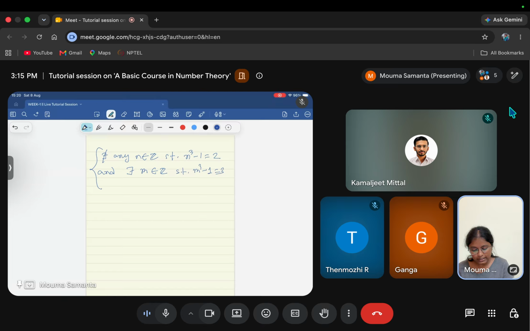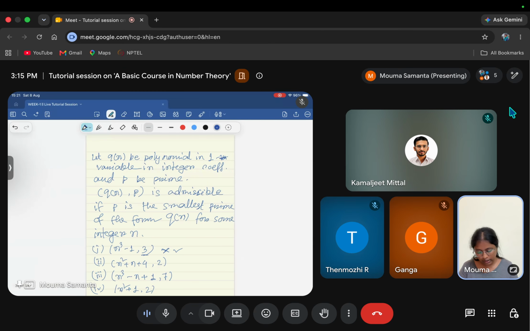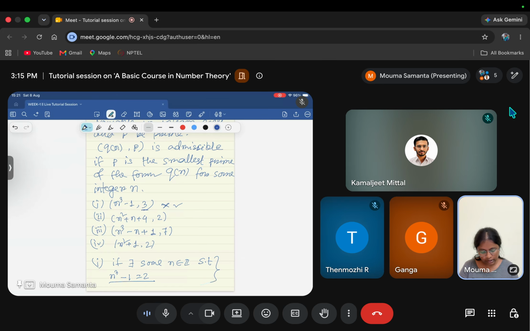So we have to check this to show that the pair is admissible, or we have to show the other to show that this first option is not admissible. Okay, so you have to check in this way for all those options. For example, if we take n equals, can you suggest if we can get some integer n such that n cube minus 1 equals 2? Can you get it?